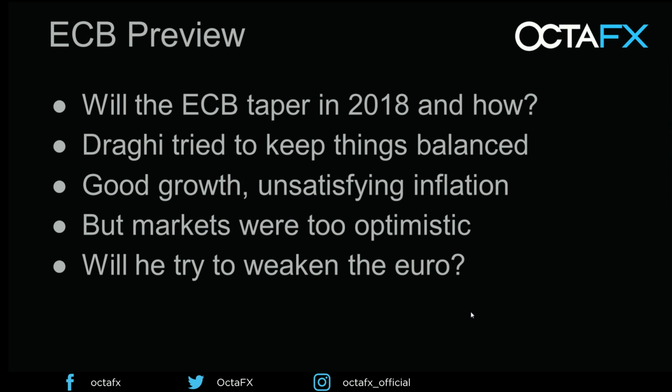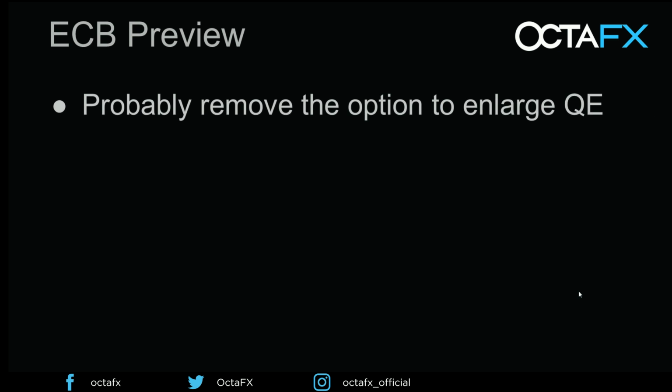He did provide a similar hint about QE 3 years ago. Now, given the current rise of euro-dollar, I suspect that he'll try to weaken the euro, to curb the enthusiasm, to calm things down. He would like a weaker euro that would help with making exports attractive and pushing inflation up.